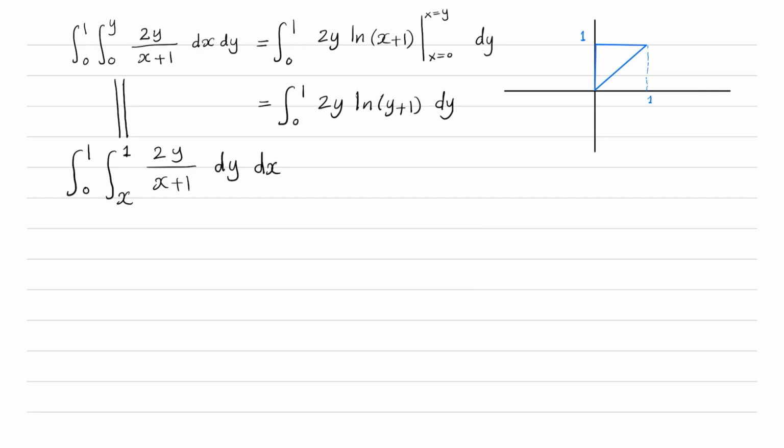Now let's try to evaluate this integral. We get the integral from 0 to 1. When we integrate with respect to y, x is a constant. So we are essentially integrating y, whose integral is just y squared, and the constant 1 over x plus 1 remains there.